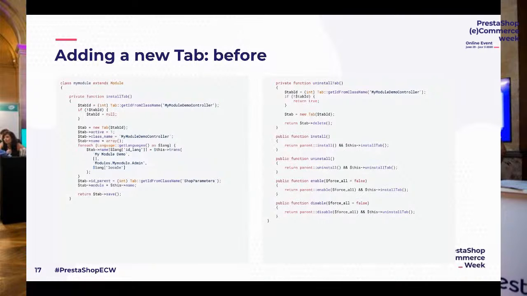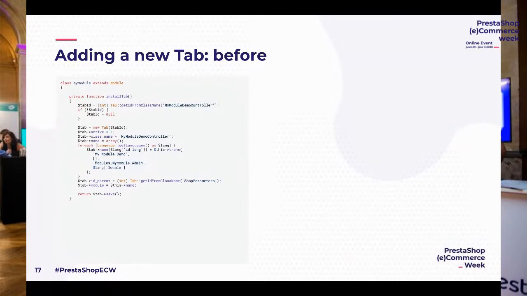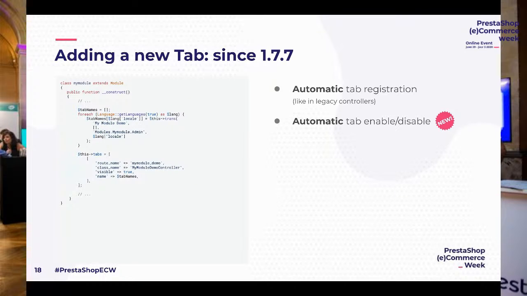So what we did in 1.7.7 was, first, we got rid of all this manual work that you had to do. And secondly, we streamlined the process of creating these tabs. So now it's much easier. You have this tabs property on your module, and you only have to add the properties on this tabs attribute of your module, and the tabs will be created and deleted automatically, and enabled and disabled automatically when your module is enabled and disabled.